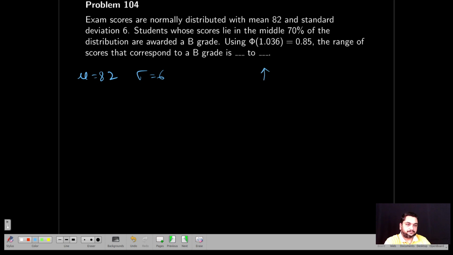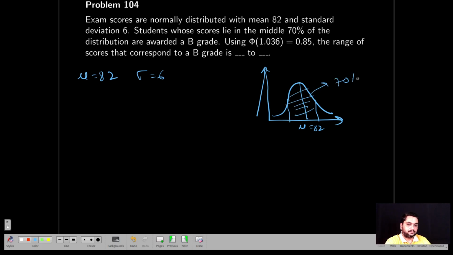So what they are saying is, this is the distribution, they are given mu equal to 82, and let us say this is 70% of the area. This area, between this point and this point, is awarded the B grade. So now find the range of the scores.